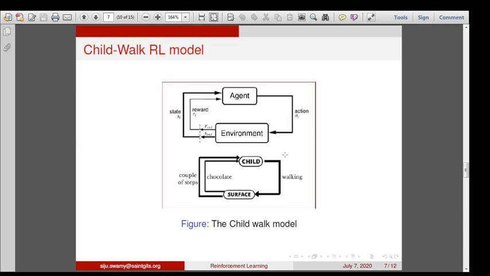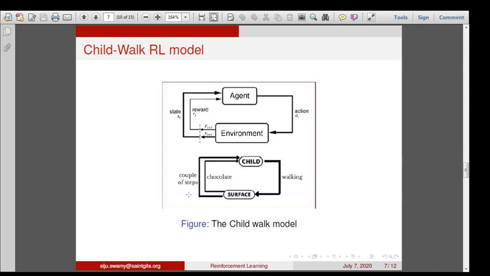The bottom part of this figure shows the child, then he tries to walk, and this is the surface, that means the floor. When he attempts to walk, we will give him a chocolate or a positive reward. The reward goes to the child and he will repeat the same.